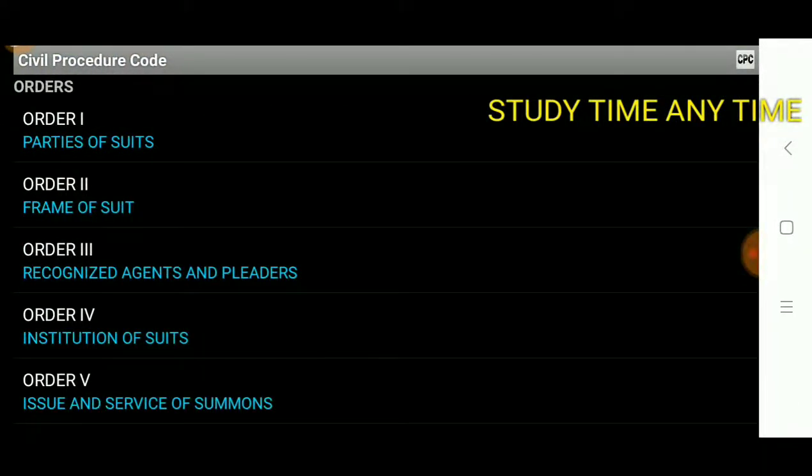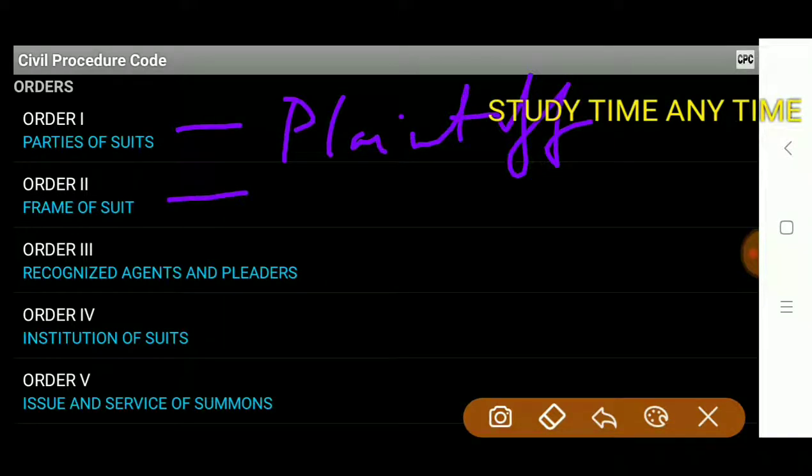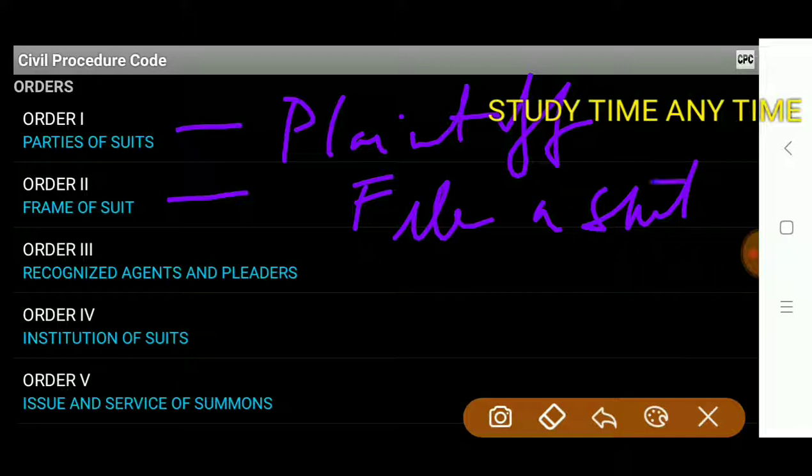Then order 3 is the recognized agents and pleaders. Now see, there is a sequence to this. First they have told that there is a plaintiff. Second, they have told that he will file a suit in a manner.